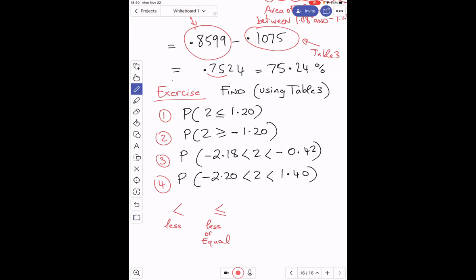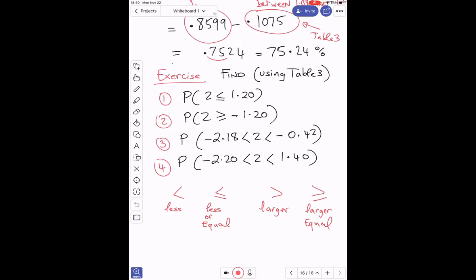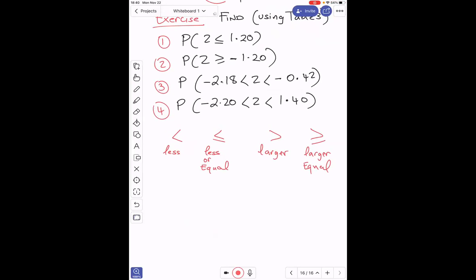Same thing for larger: larger or strictly larger, or larger or equal, it's going to be the same probability.